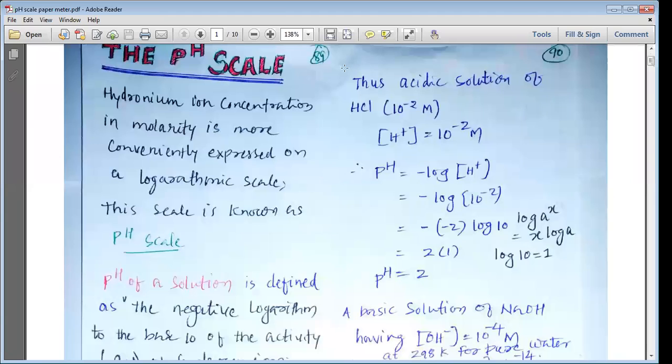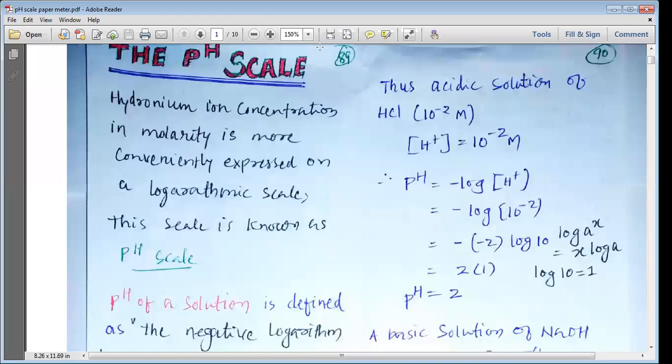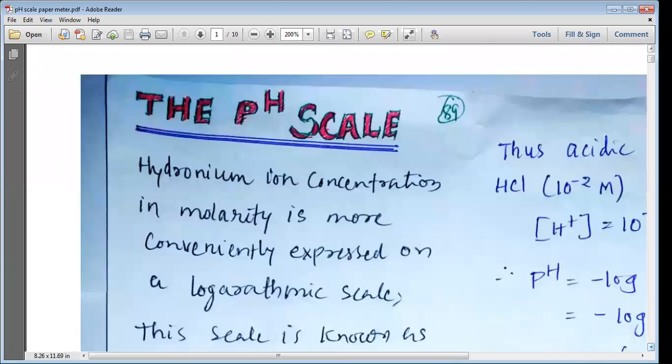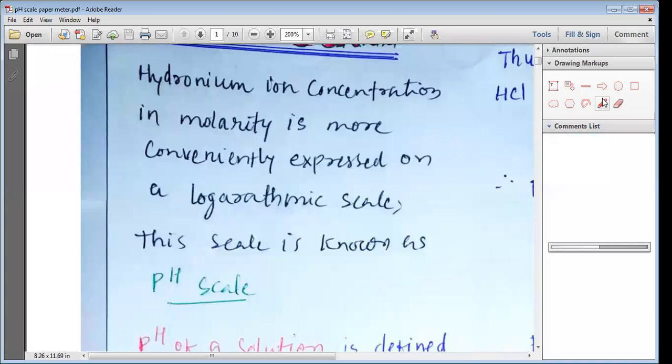Okay. Then let's move and understand the new concept, which is known as the pH scale, my dear students. So let us study about the pH scale. So what is the pH scale? Let us study hydronium ion concentration or hydrogen ion concentration, whatever you say.